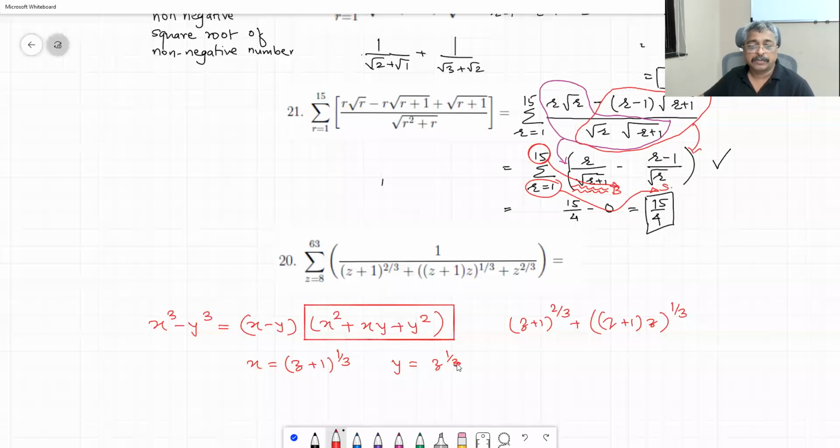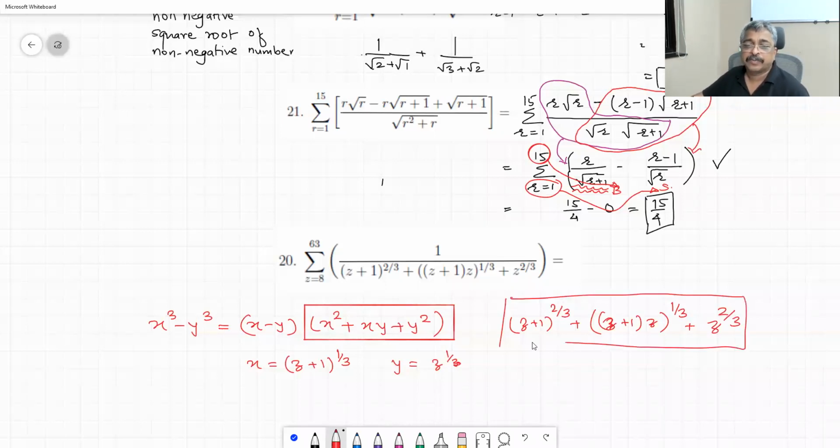Then the second factor in the factorization would become z plus 1 raised to 2 by 3 plus z plus 1 into z raised to 1 by 3 plus z raised to 2 by 3, which is the denominator given to us. And therefore, if you have this factor in the denominator, you have to multiply and divide by x minus y to rationalize it.